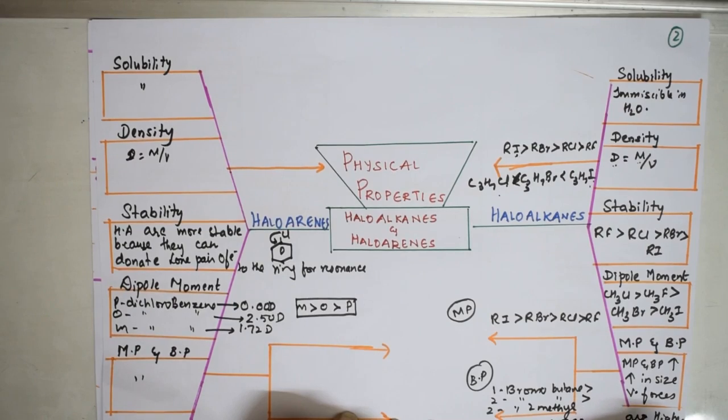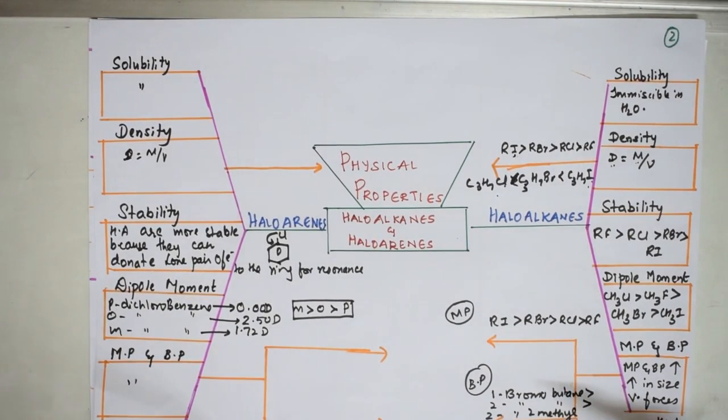What am I trying to tell? All these three are isomeric alkyl halides. I have only changed the position. In 1 bromobutane, bromine is in the first position; in 2 bromobutane, bromine is in the second position. Then the alkyl group has become 2 methyl propane. Isomeric alkyl halide, this is the trend in boiling point.